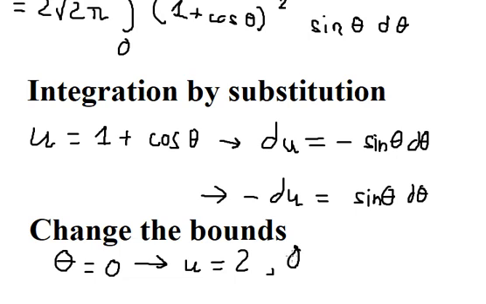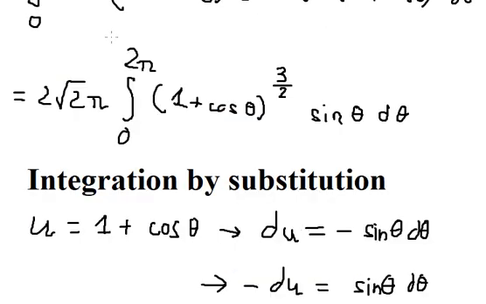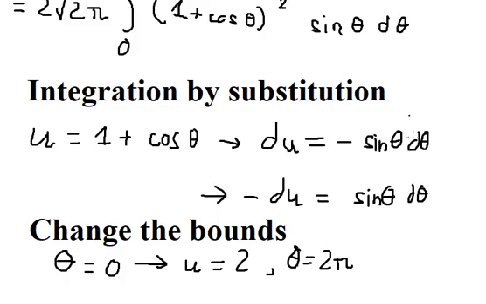When theta equals 2π, I will put 2π here. We can find the value of u, 1 plus cosine 2π. So we have u equals number 2.